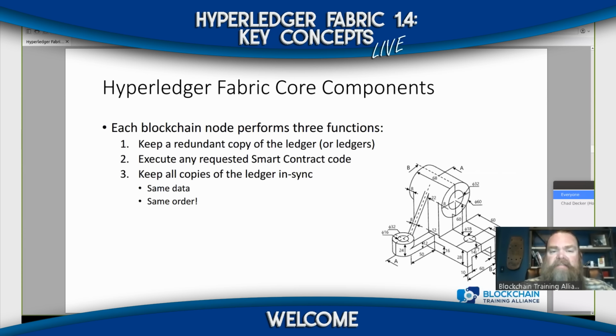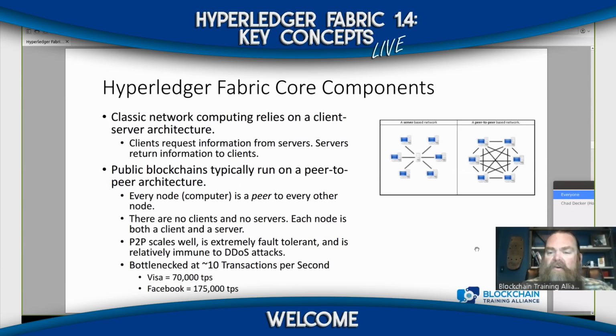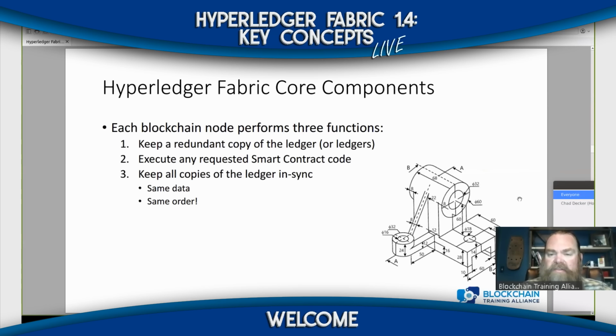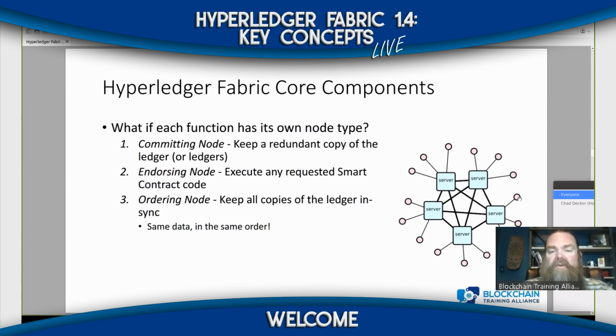So the architects of Fabric looked at this and they said, if every node on this peer-to-peer network is doing 3 unique functions, what would happen if we created 3 unique node types? And then each node only focuses on one of those functions, not all 3. And so what we get in Hyperledger Fabric is a bit of a hybrid approach.